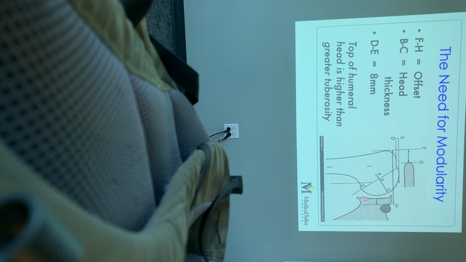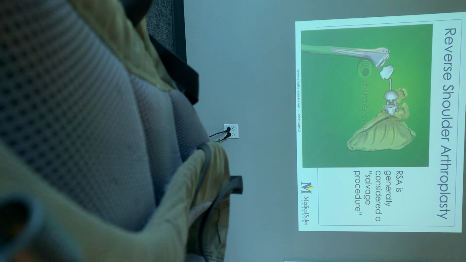And we know, like our biomechanics in the hip and the knee, that the height of the head, the offset of the head, and the thickness to replace the appropriate amount of thickness of the humeral head is important to tension the joint correctly.